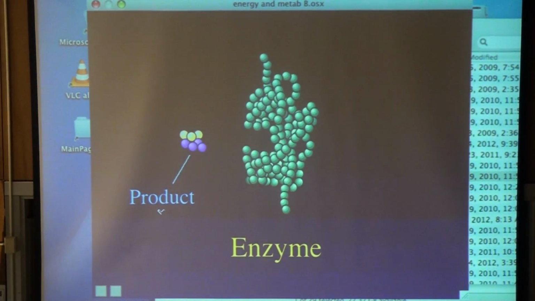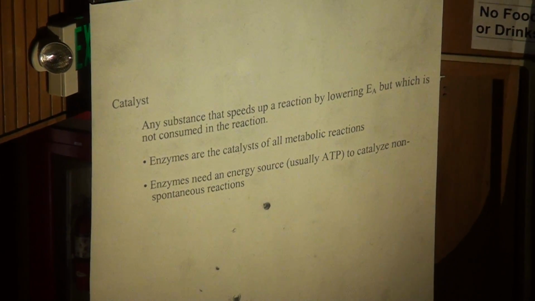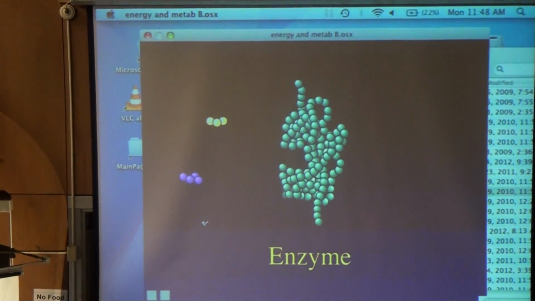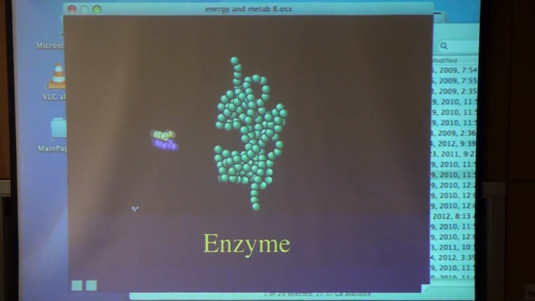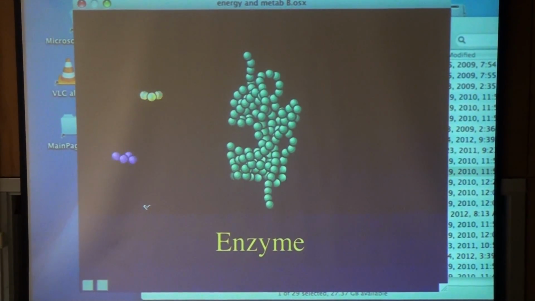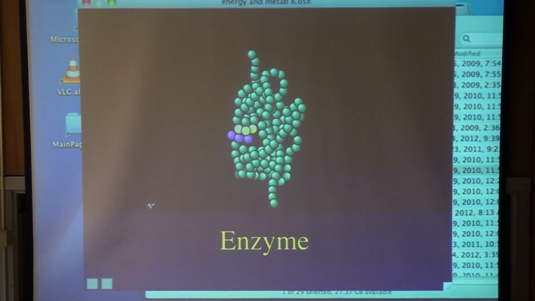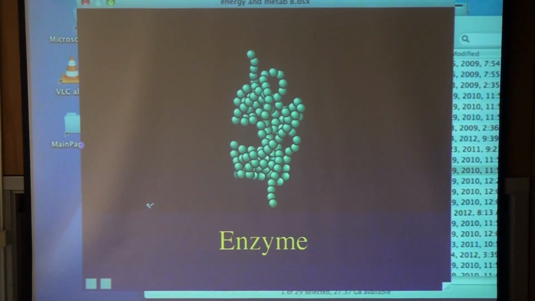As the substrate molecules are brought into the active site and aligned with each other perfectly for the reaction to occur, that helps lower their activation energy barriers. Bringing them together and pushing them together in the right orientation lowers the EA. So enzymes make reactions occur really by lowering the activation energy barrier.